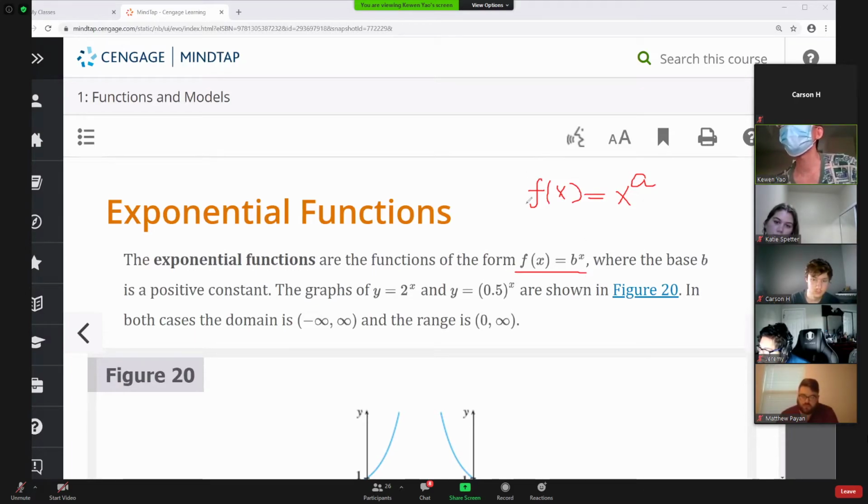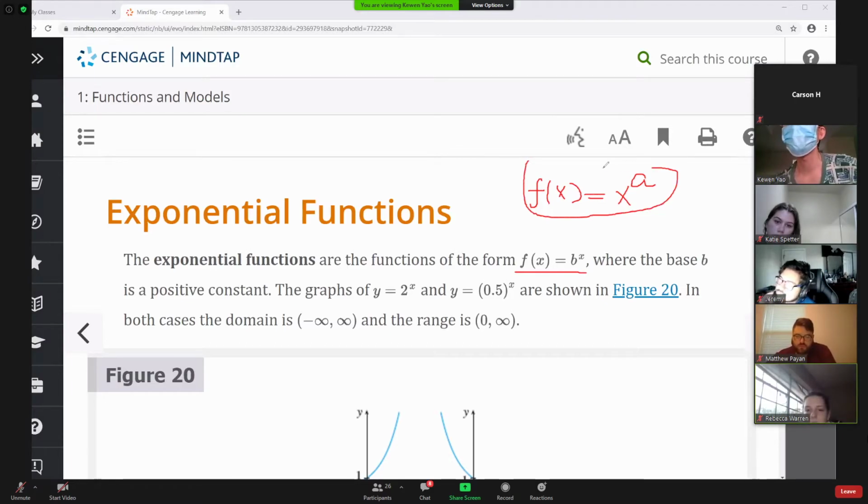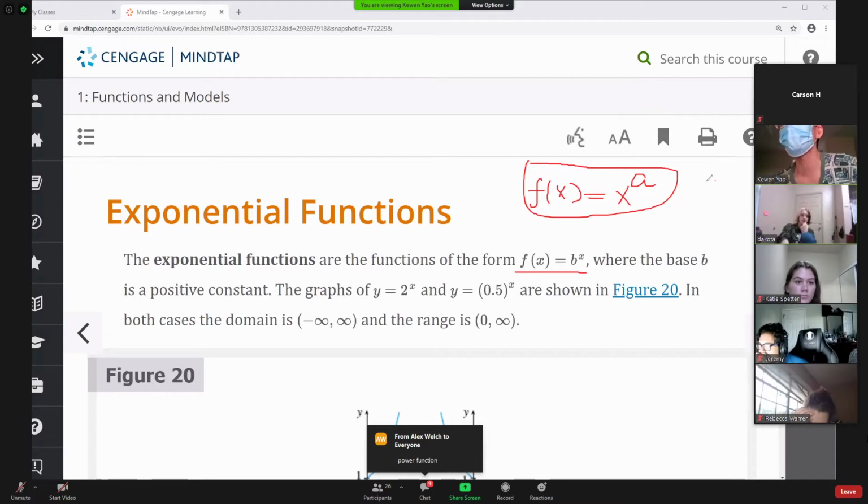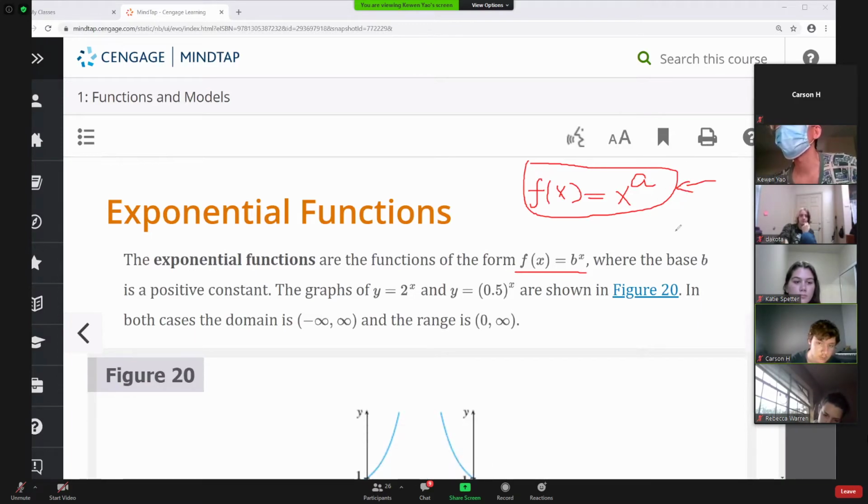What's the name for this function? Remember, we discussed it a few minutes ago. You should not forget this after a few minutes. What's the name for this type of function? Power function.